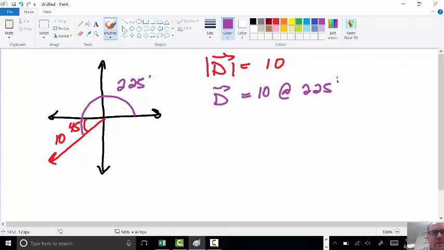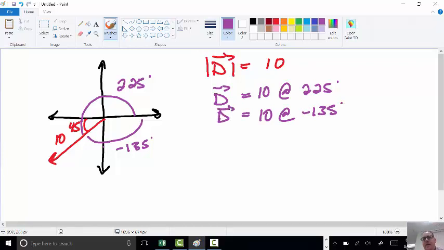That's one way to describe vector D. Another way to describe vector D is to describe it with a negative angle. So this angle is, of course, the 90 plus another 45, so it's negative 135 degrees. So we can also say 10 at negative 135 degrees. And that's also true. Vector D can be said like that.